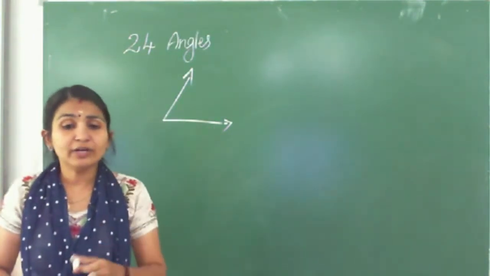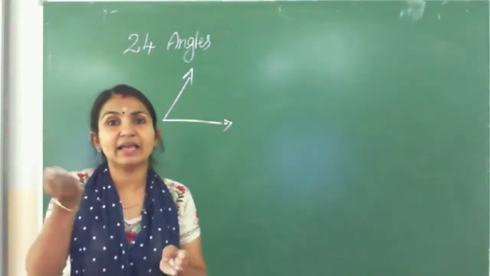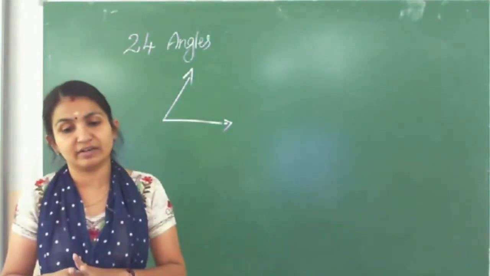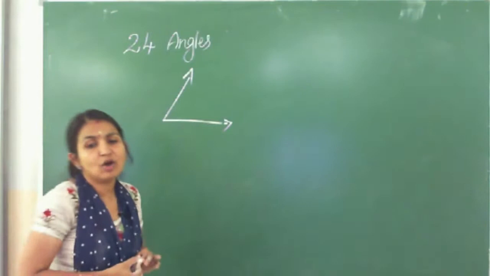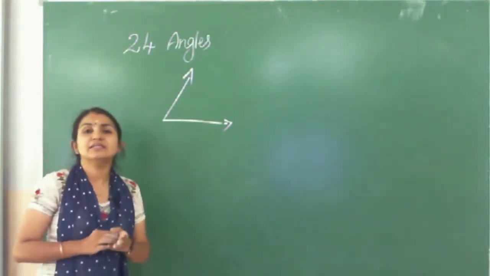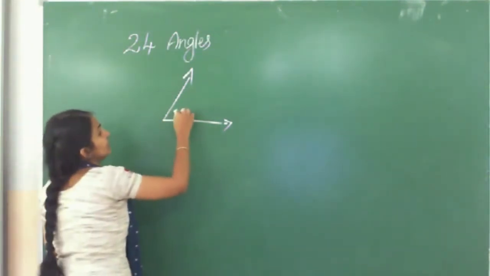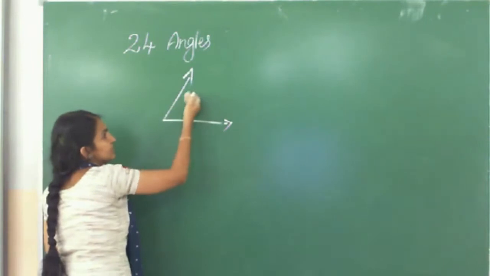And we already studied what is meant by interior and exterior. These words you already studied, right? So the interior of an angle lies inside this angle. Interior means inside this angle.